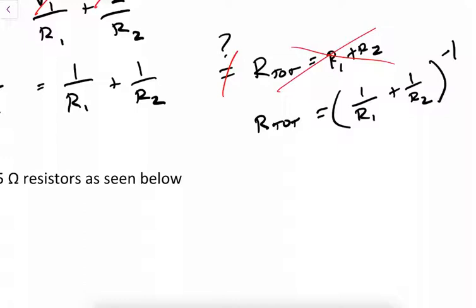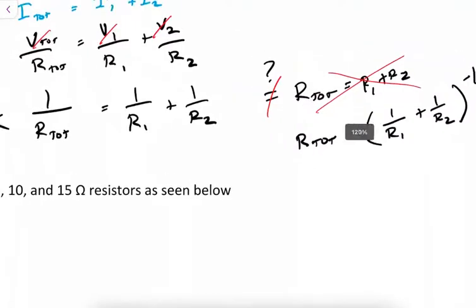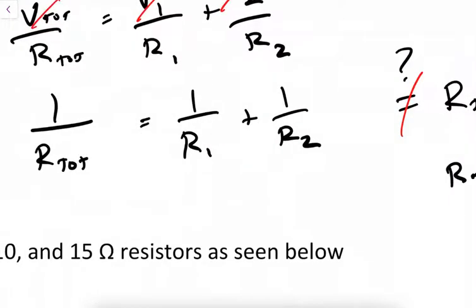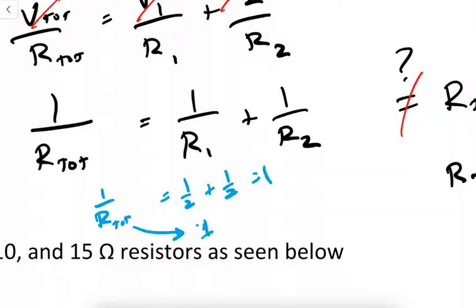So that is actually what you would need to do, and you have to be careful. I would say do practice playing with some numbers. Let's say each of these R's were 2, for example, so this would be 1/2 plus 1/2, I'd end up with 1, and my total resistance would have to be 1 because 1 over 1 is equal to 1.